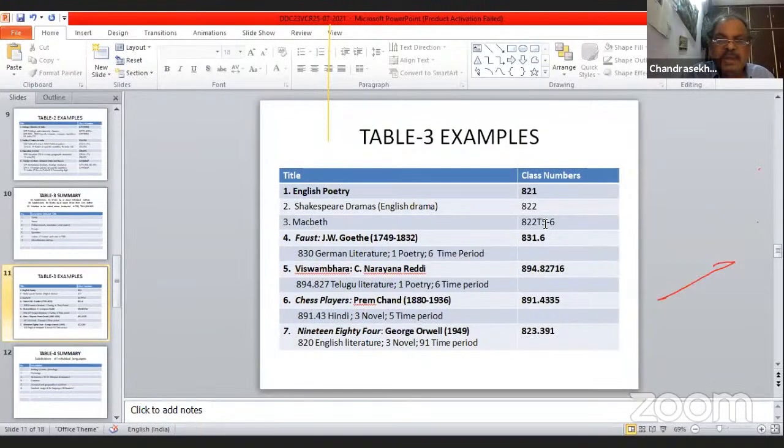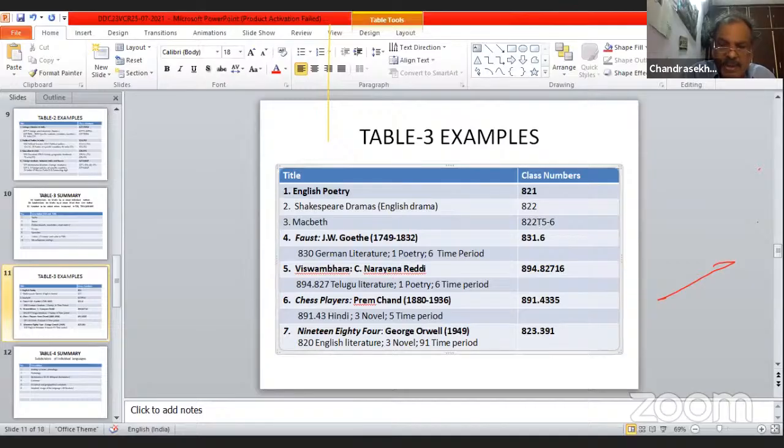I think I forgot to add that one. 33 indicates the period, Victorian period. 822. 82 is English literature. 2 is drama. 33 indicates the period, Victorian period. Then T5-6, that indicates the particular work, Macbeth.